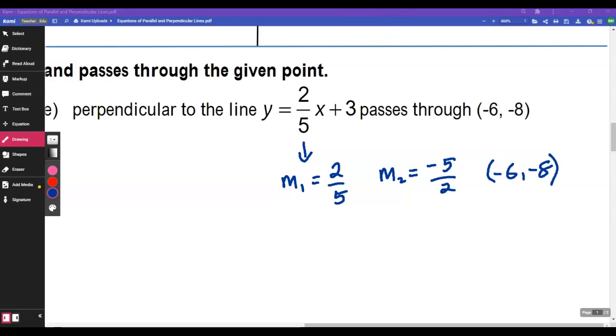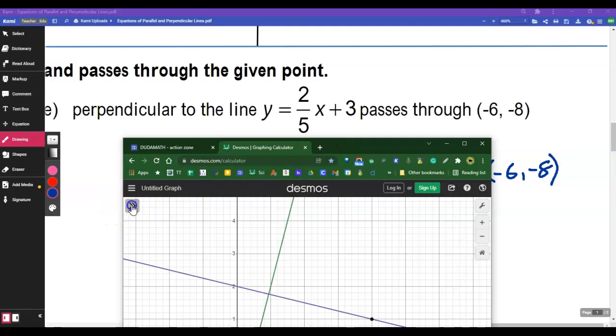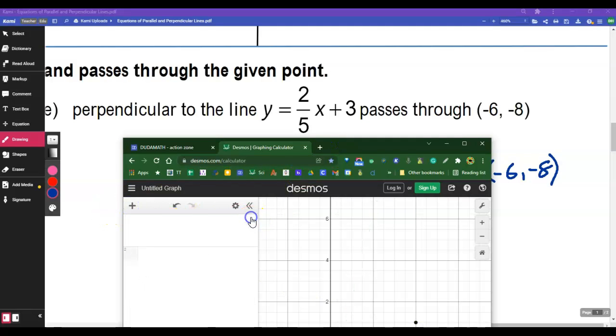So put in y equals 2/5x plus 3. Put in your coordinate, and then whatever equation you got, and see if it works. So if I'm doing that here, I put in y equals 2/5x plus 3.